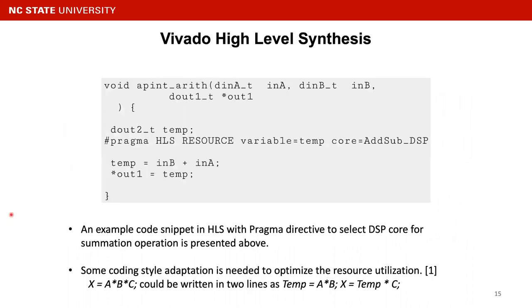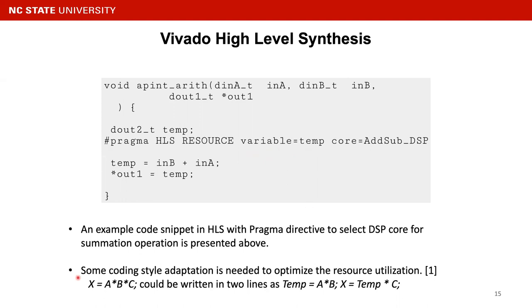And here's an example code snippet in the HLS. As we can see, apart from the conventional C code for the algorithm, we can add these pragma directives for different optimization goals. Here, this directive is used to select a DSP core to synthesize the adder for the summation operation.